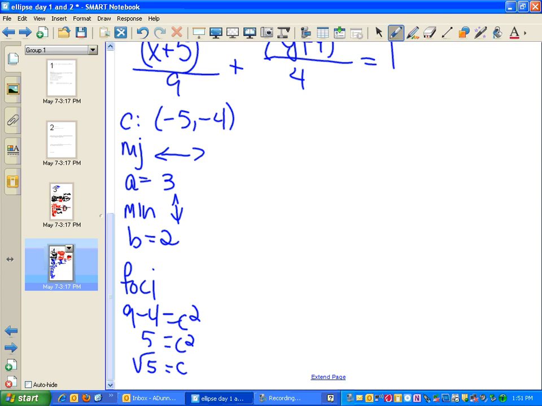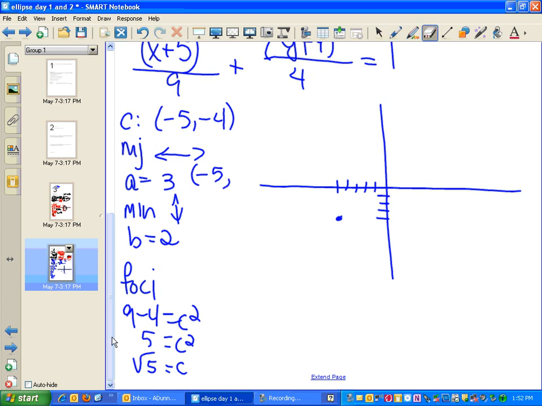Okay, so start by plotting your center. 1, 2, 3, 4, 5, 1, 2, 3, 4. Vertex means we're going left and right 3 units. So to come up with our coordinates, we're going to take -5, and where am I going to add this 3 to?